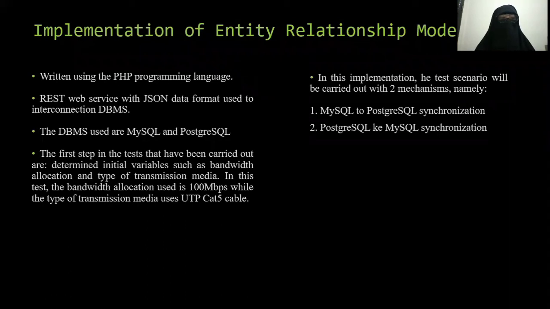In the implementation of the entity relationship model in this study, the proposed algorithm is written using the PHP programming language. The interconnection of the two DBMS tested uses a REST web service with JSON data format.